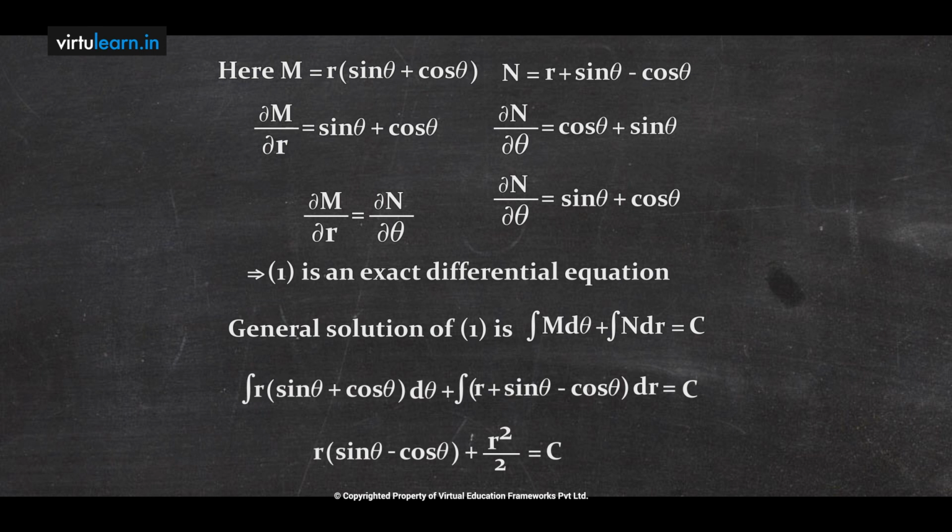So when should I use an integrating factor? Suppose ∂M/∂y is not equal to ∂N/∂x, then you can use an integrating factor. After applying the integrating factor, the non-exact differential equation becomes an exact differential equation. Already I explained 4 types of integrating factors. Using those 4 integrating factors, we can again solve the resulting exact differential equation by the general method.